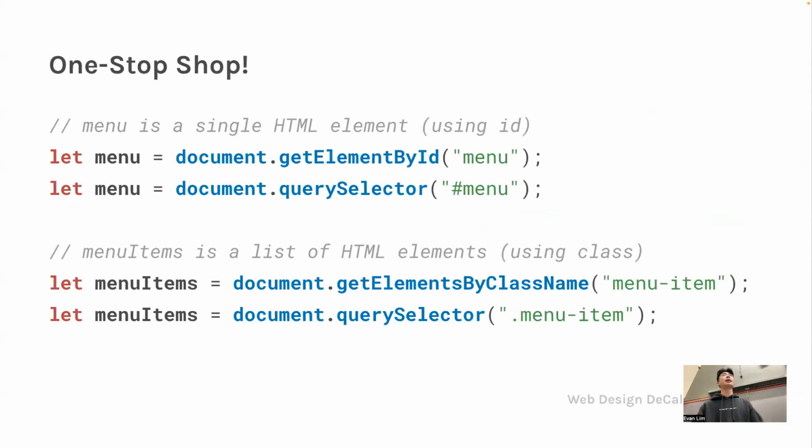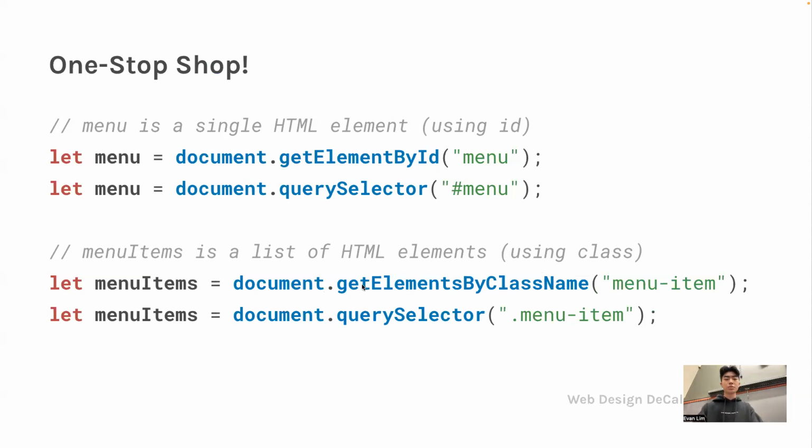And so I've included this slide here as a one-stop shop for the syntax of how we're going to call these functions. In the case that we want to select a single HTML element using ID, then we could use either getElementById, omitting the pound sign, or querySelector and include the pound sign. Let's say we're using the class name. Keep in mind, only one HTML element can have a unique ID, so we know there's only going to be one element associated with it, whereas several elements could share the same class.